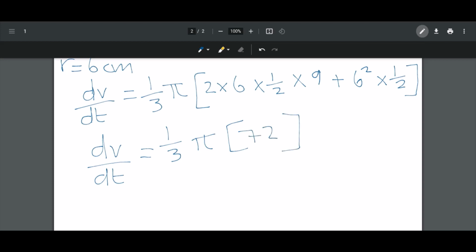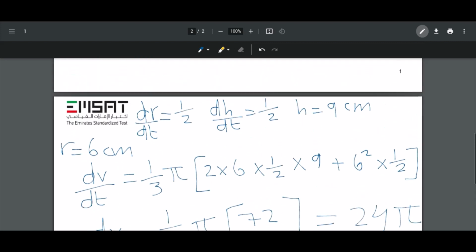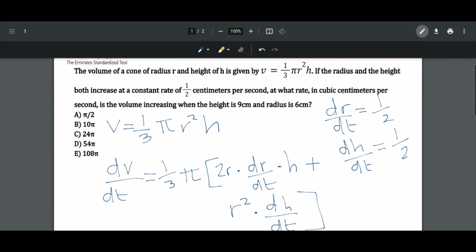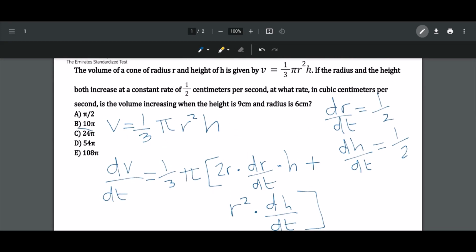This 72 we divide by 3. 72 divided by 3, we get the answer 24 pi. So this answer corresponds with answer C. Thank you very much. I hope you did understand.